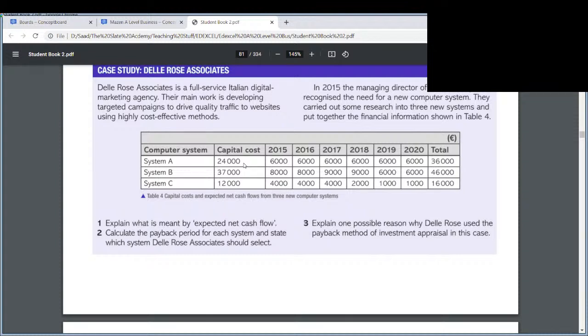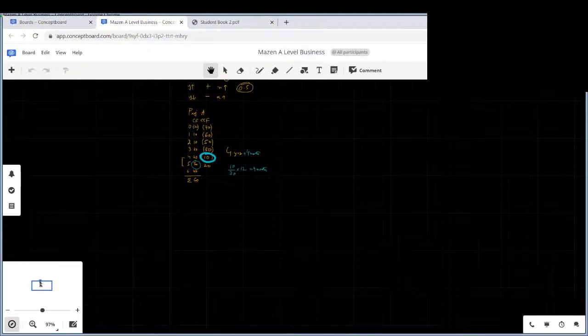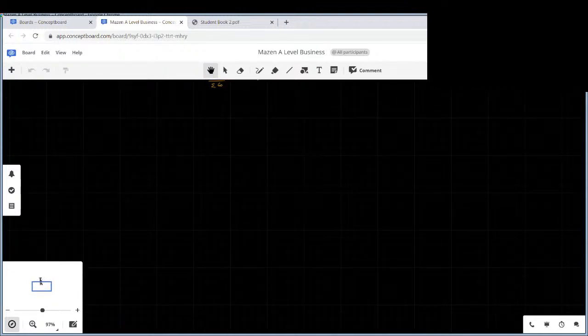So the formula is, if you have to give every detail, let me do that over here. It's called average profit, right? Average rate of return.